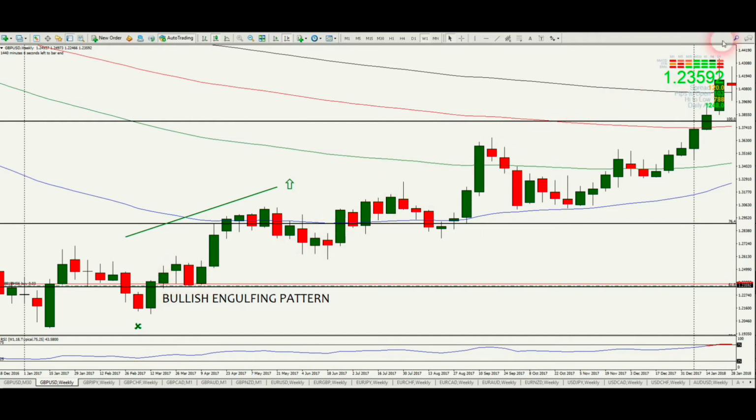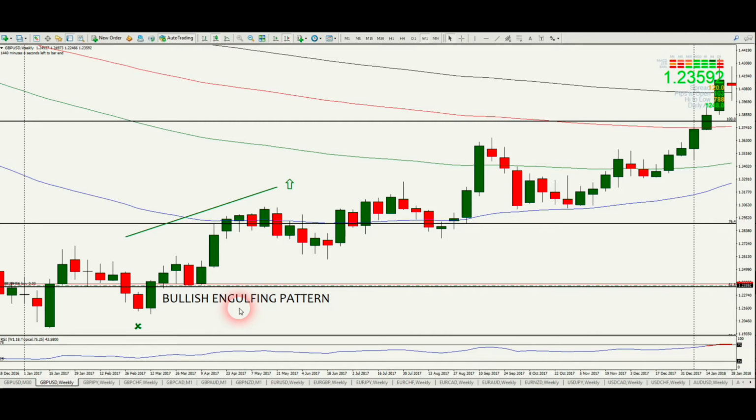This would have been a 2,000 pip move had you bought GBP USD on the strength of this candle or that candle.